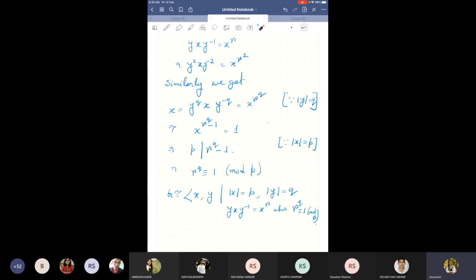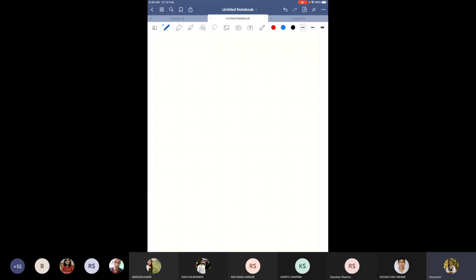Now we will see just one corollary to the case that we have already proved just now. What is the corollary? Let p be an odd prime and G be a group of order 2p.